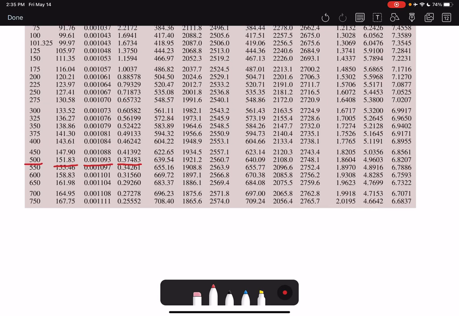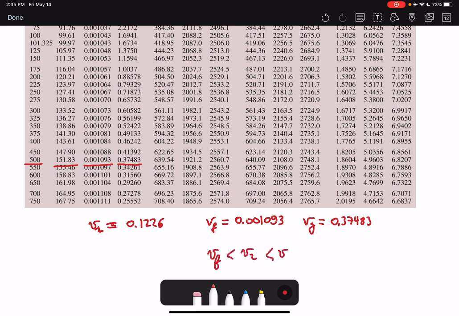But we know that V2 is equal to 0.1226. Okay? And we're given VF as 0.001093. And we're given that VG is equal to 0.37483. So we can clearly see that V2 is between VF and VG.